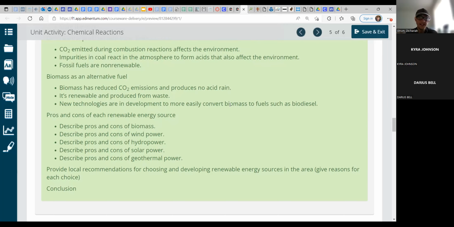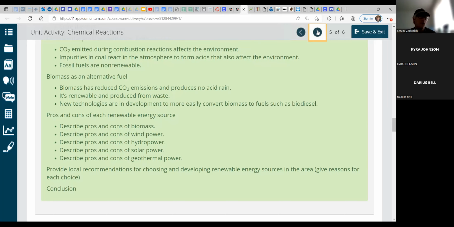Provide local recommendations for choosing and developing renewable energy sources in the area. Okay, so that's the part that will be the most different in all of your presentations.